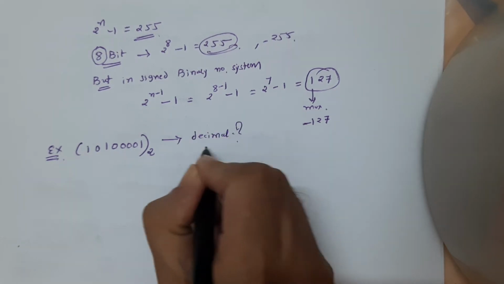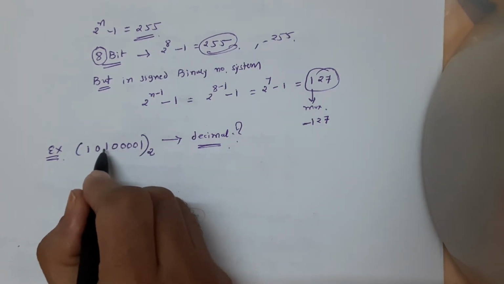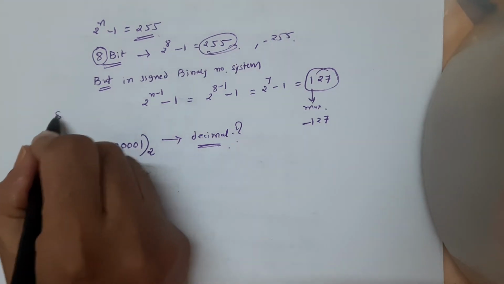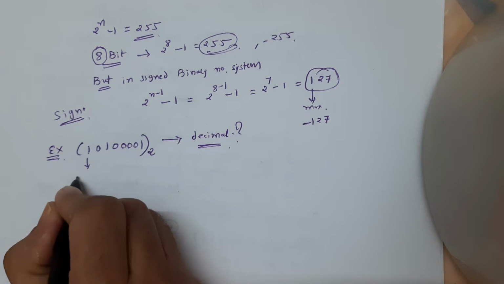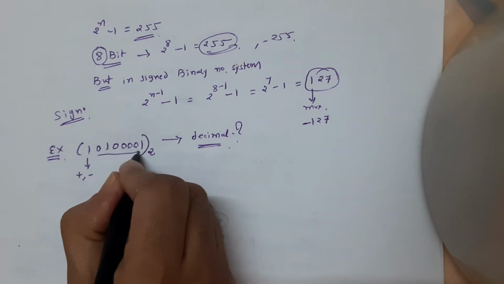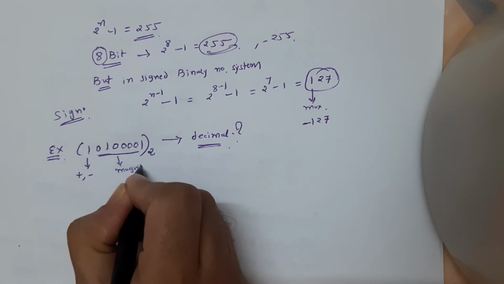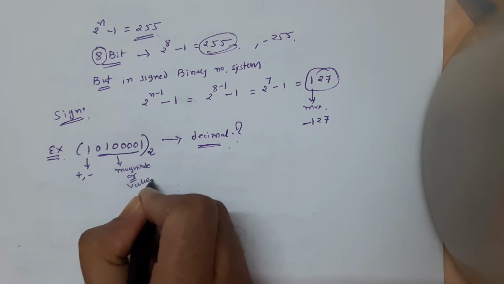What is the value of the decimal? This is your 8-bit number, but this is your sign bit. So this shows positive or negative, and the remaining 7 bits show the magnitude, or we can say the value.